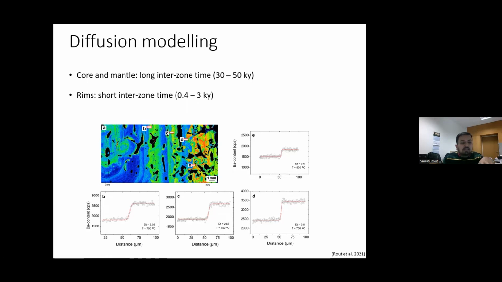So this implies that there is a change in the heat pulse frequency. So that's something quite interesting to see in these crystals and what the diffusion timescales show us.